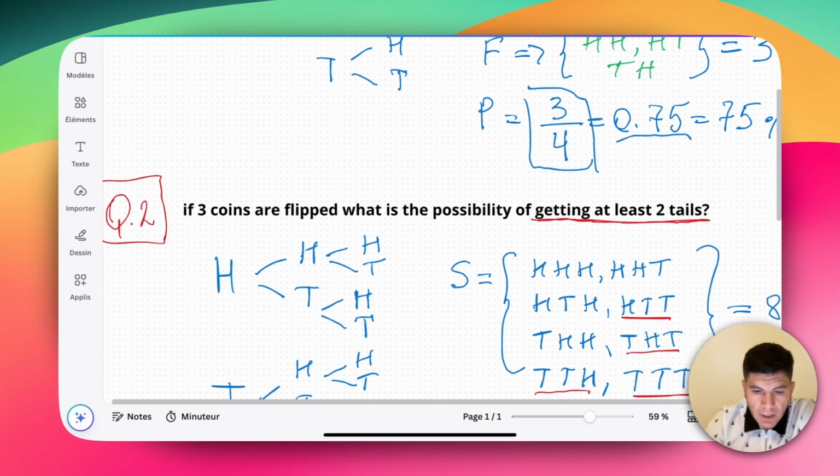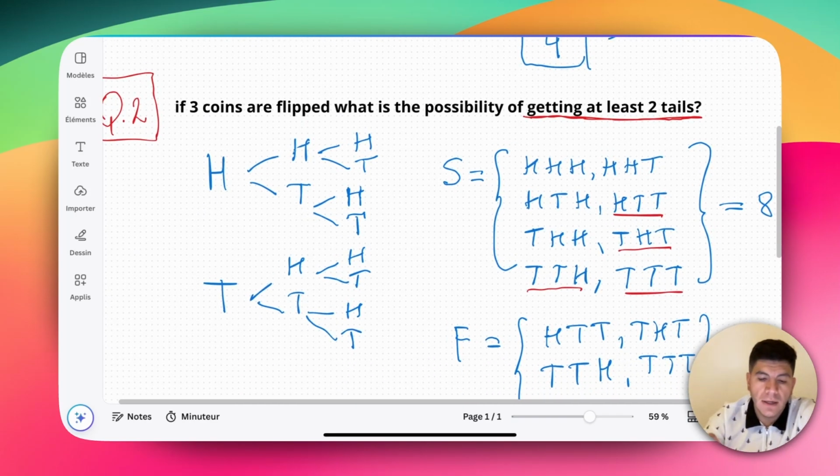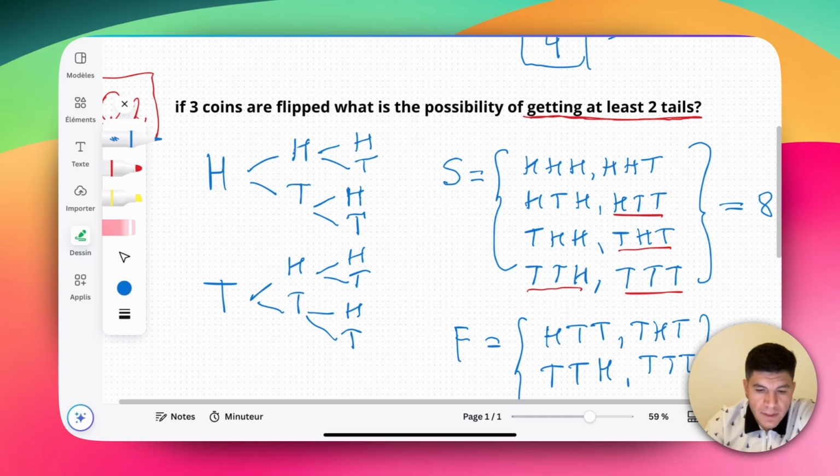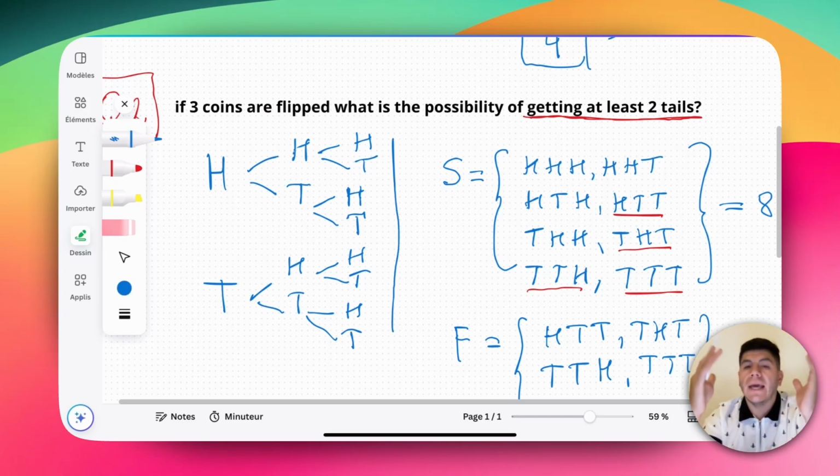So we move to the second question. Here we have 3 coins, and when the 3 coins are flipped, what's the probability of getting at least 2 tails? This time we are asked to find at least 2 tails. Again, with the help of the tree diagram, we see the possible outcomes. There are in total 8 possible outcomes.